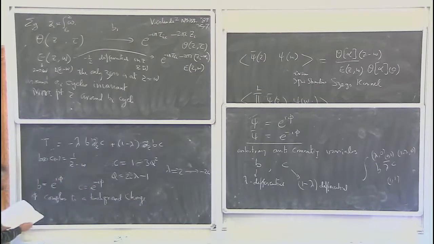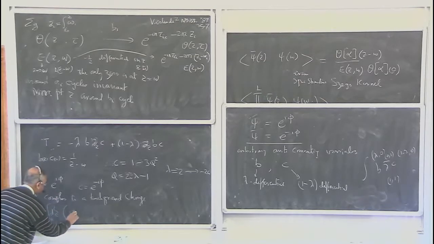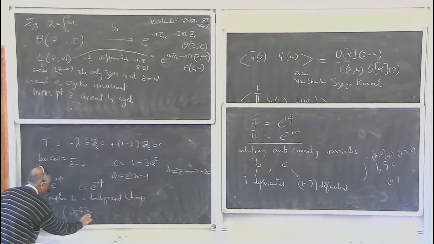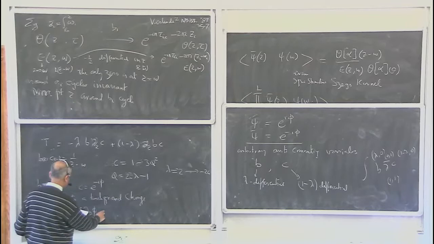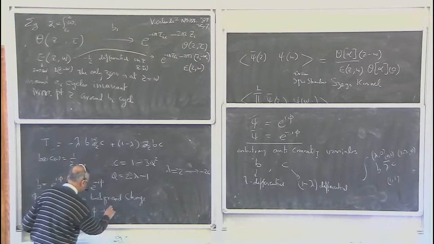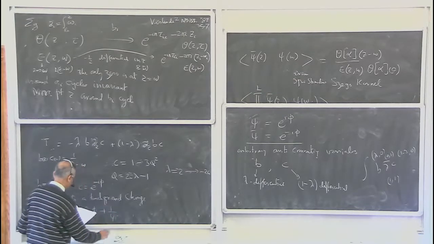And in fact, the action for this boson, the scalar, is the integral d²z of the usual ∂z̄φ ∂zφ. That's the usual thing. But there's an extra piece, which again, I'm not sure about my normalizations. But it's something like this.